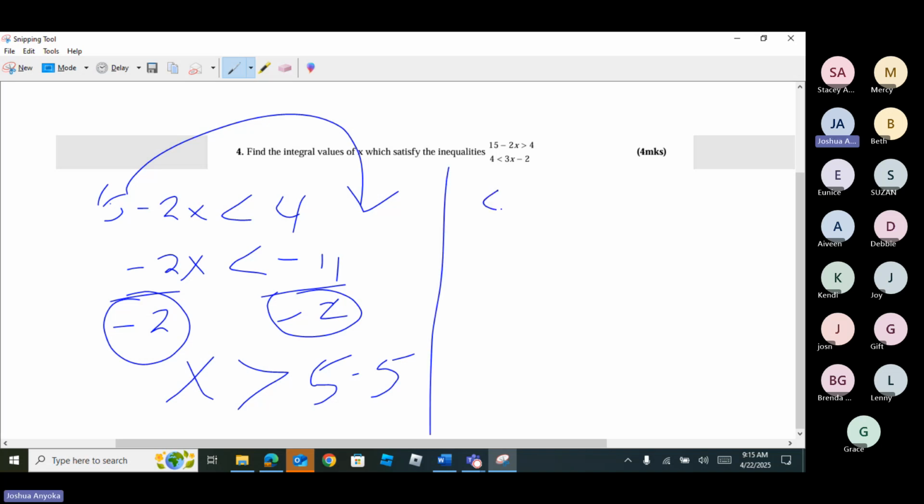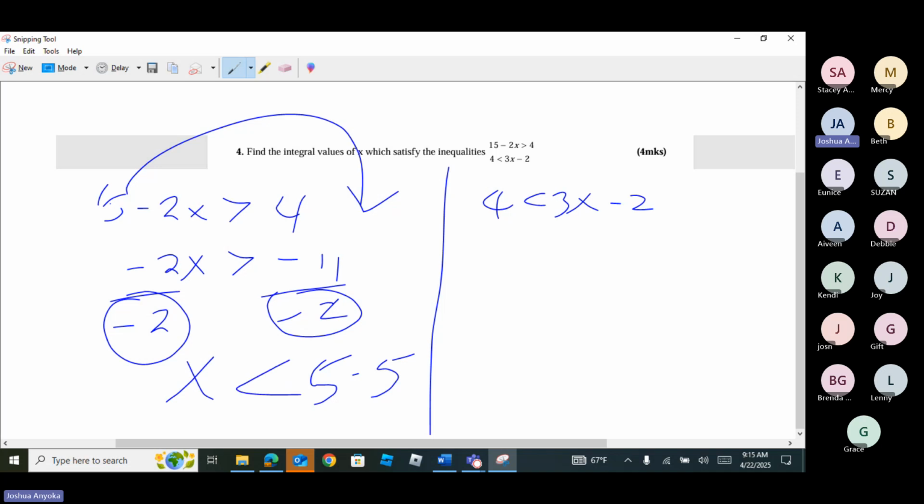Yes? Before the original question, the sign was greater than. Oh, I'm the one who changed. Okay, let's get back. It is greater than, greater than. Now it will be less than.